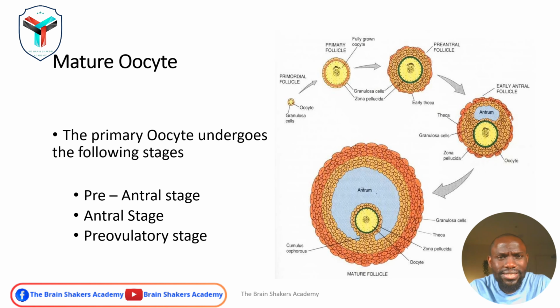During every ovarian cycle, the primary oocyte will complete its first meiotic division to form two daughter cells, the secondary oocyte and the polar body.